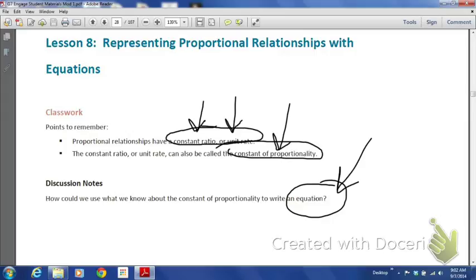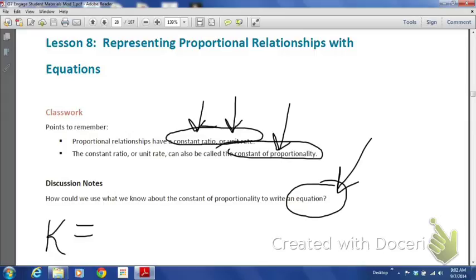Okay, so let's talk about it a little bit. I'd like you to start thinking about modeling a proportional relationship by using an equation. We know that the constant of proportionality k, and we've done this in prior lessons, is equal to y over x.